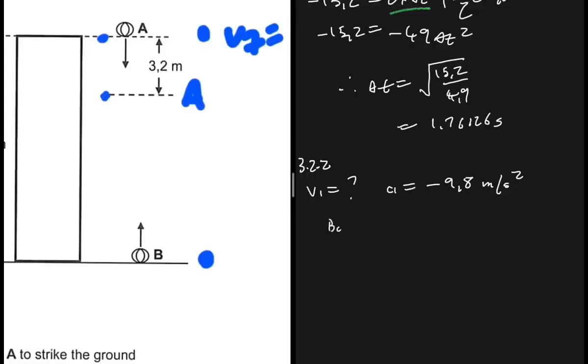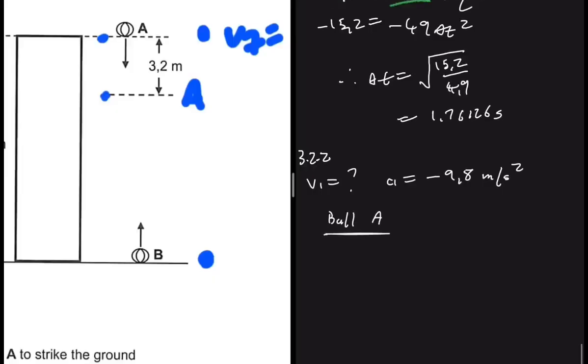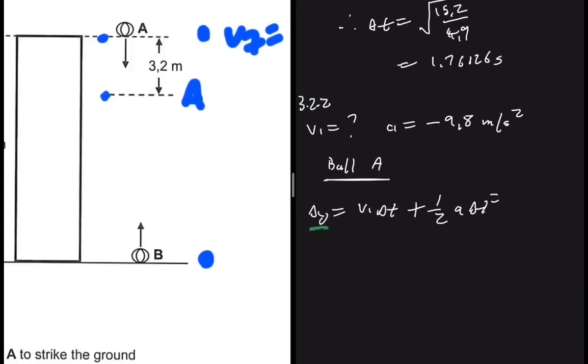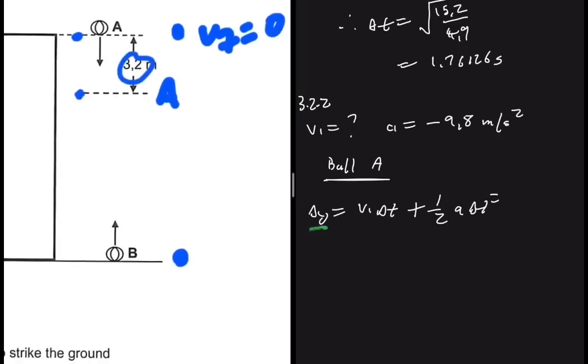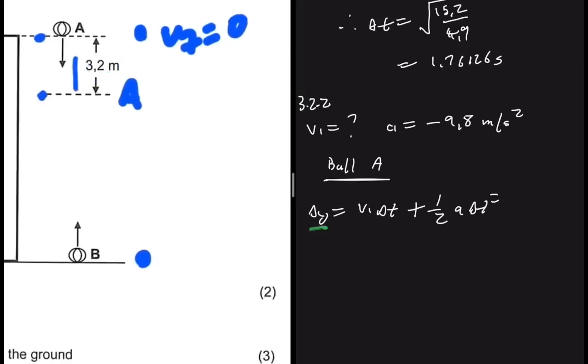So for ball A, we can say that delta y is equal to vi delta t plus a half a delta t squared. Now our delta y, we can say that is minus 3.2 meters because we're looking for the time taken for only this journey.